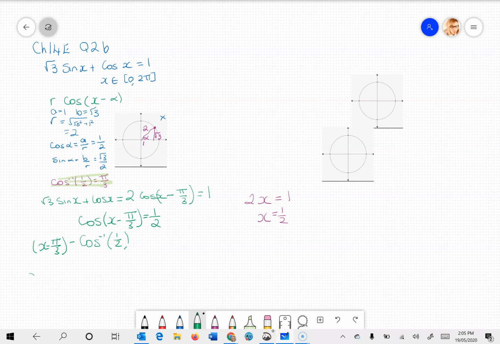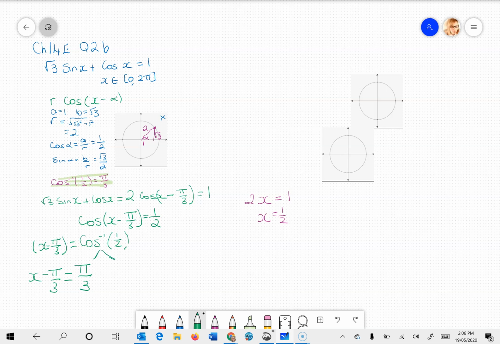So that means that x minus pi over 3 equals, now we know that inverse cos of 1/2 gives us pi over 3.